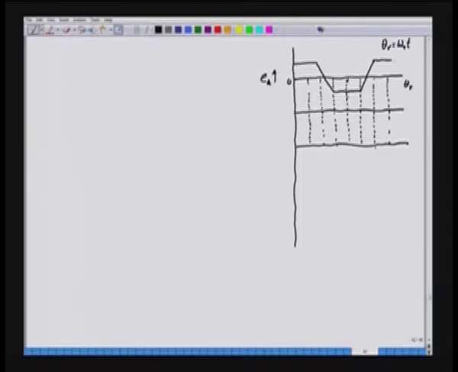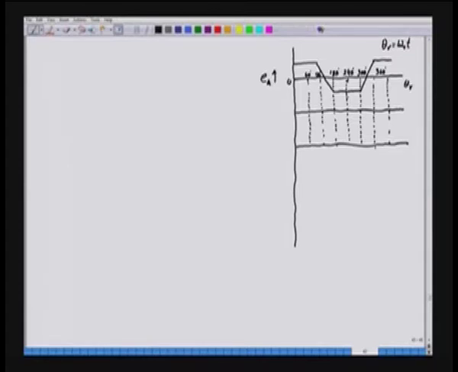And for phase B, the phase B is shifted from phase A by 120. So, this is 60 degree interval. So, we can say 60, 120, and this is 180, and this is 240, 300, and this is 360, completion of one cycle.